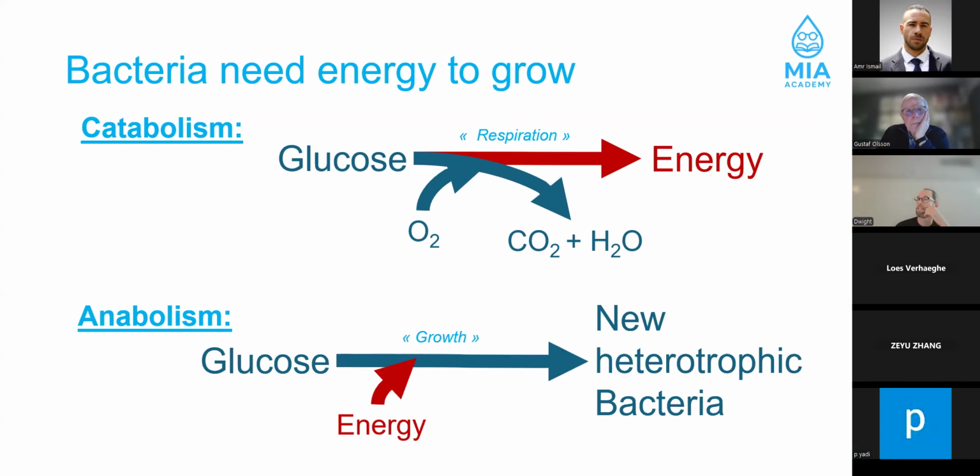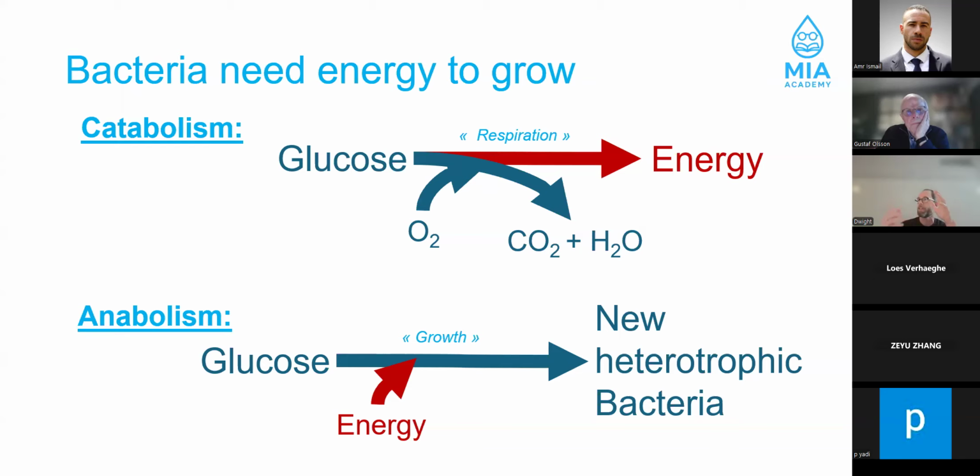They do this second step, which I've labeled here as anabolism. So in the first step, catabolism, they're generating energy. In the second step, the anabolic step, they're trying to grow new heterotrophic biomass or bacteria. And to do that, they still need organic carbon because they need carbon to synthesize their cells, but they also need energy.